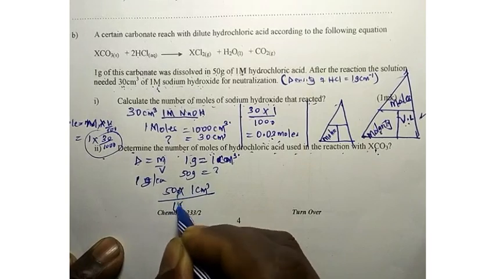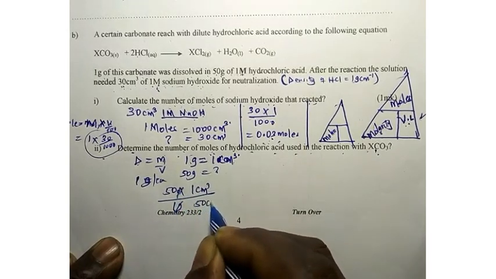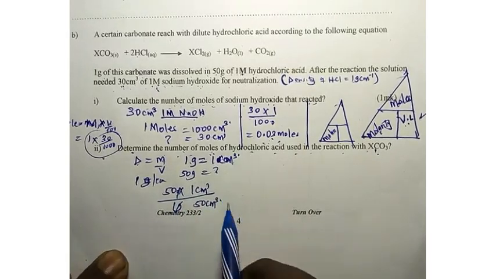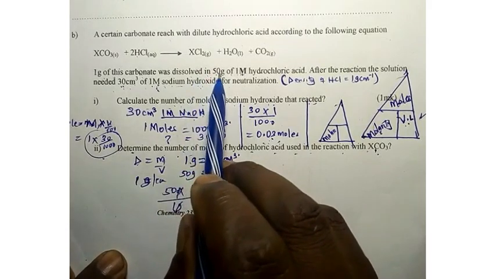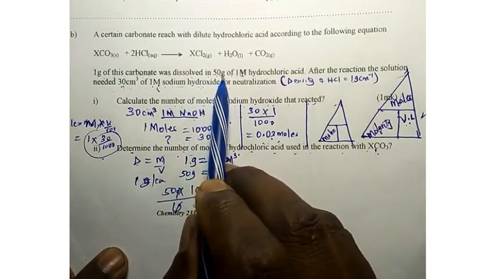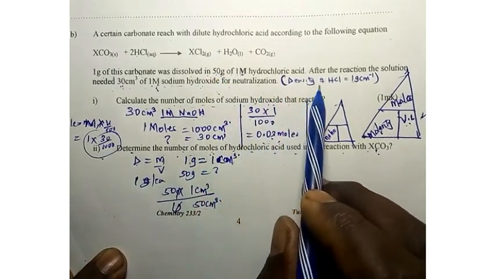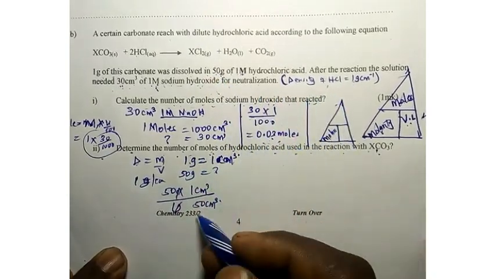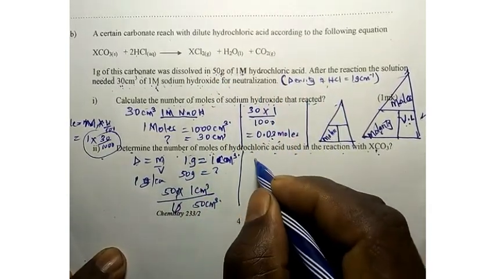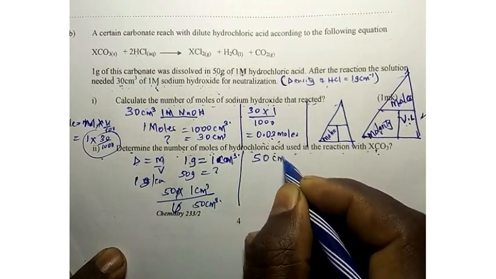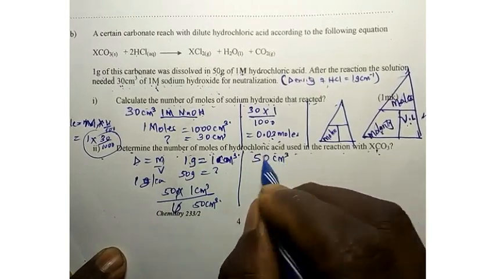So gram cancels, we will have 50 centimeters cube. In short, when the mass is given in grams, it is as good as centimeters cube when the density is 1. So you should know that. So now we have that 50 centimeters cube of HCl was used.